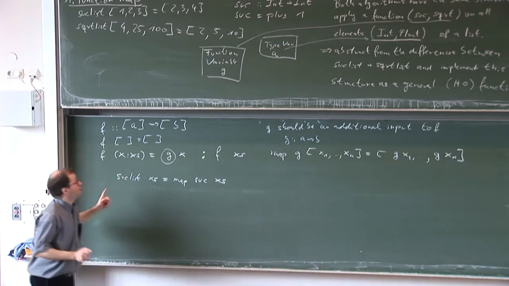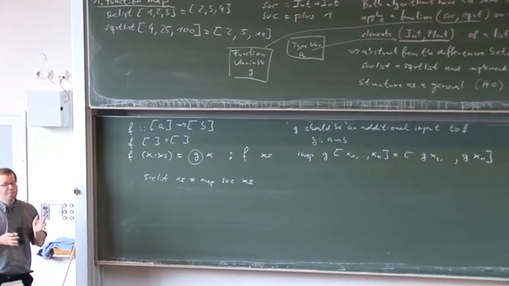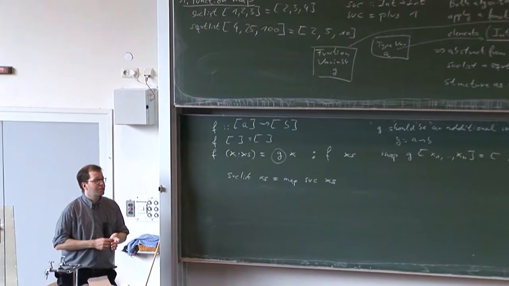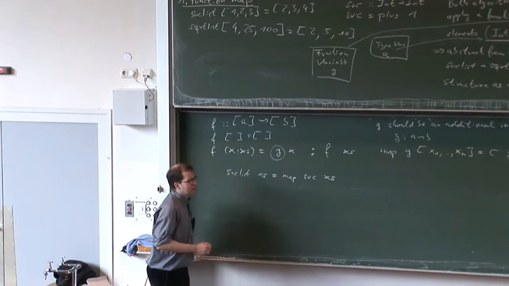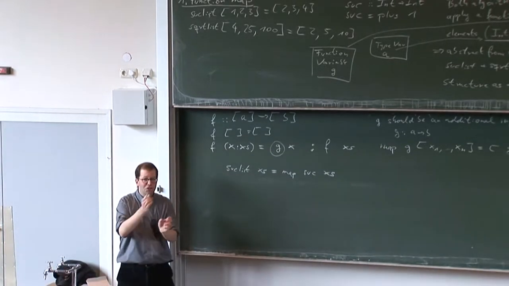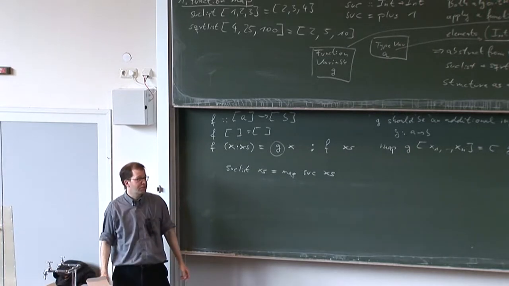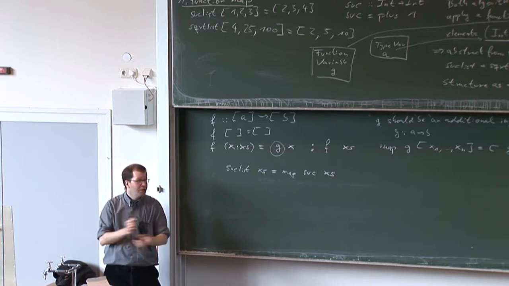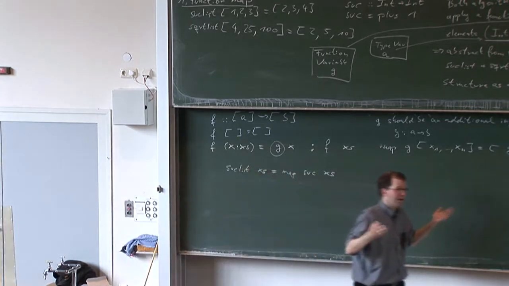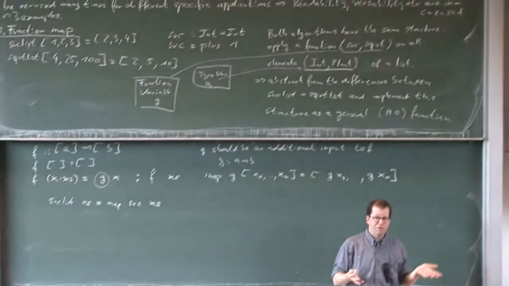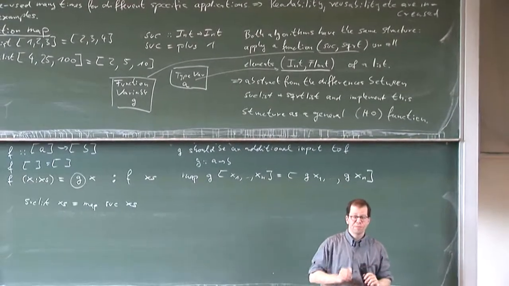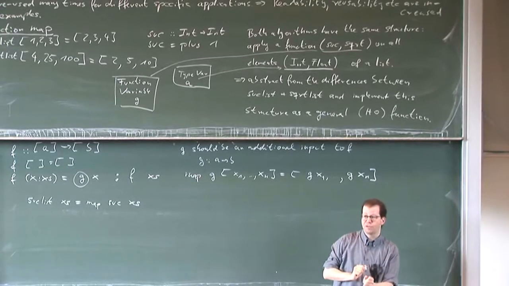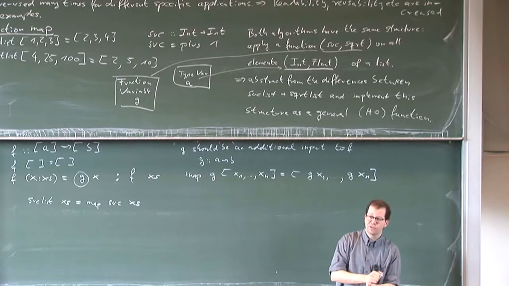Of course, before I should mention, such map functions you can implement yourself for more or less any kind of data structure. So the general idea of map is apply a function on each component of a composed data structure. So here a function for lists, you apply the function to every element of the list. You can also do trees. So if you define, say, binary trees yourself, you can define a function map tree for trees, and then map tree would take a function and apply this function to every node of the tree, or to every element which is stored in this tree.